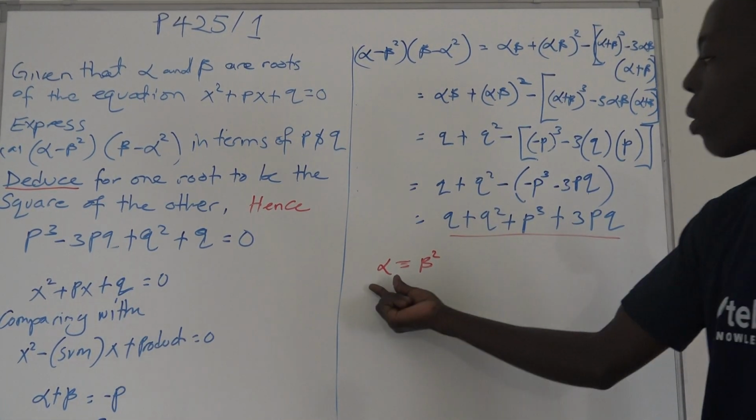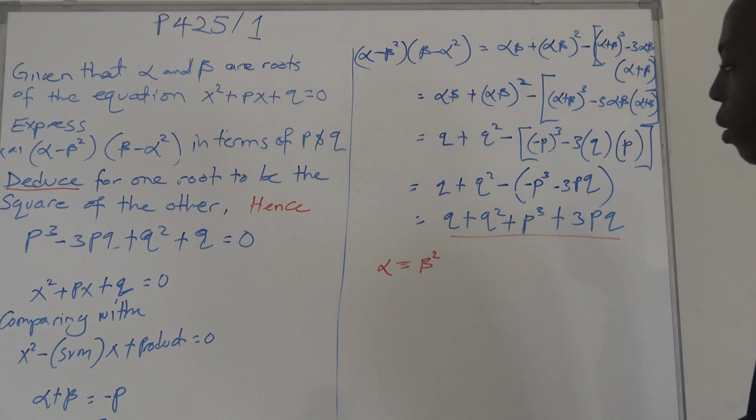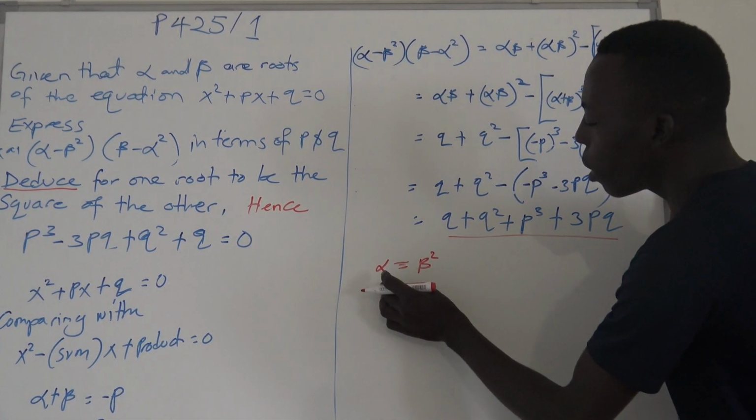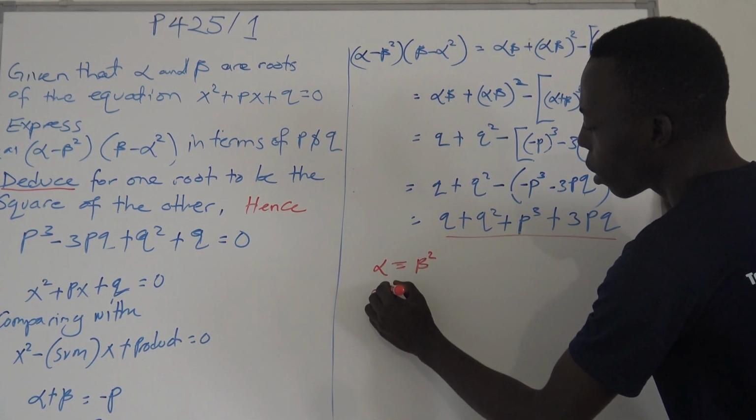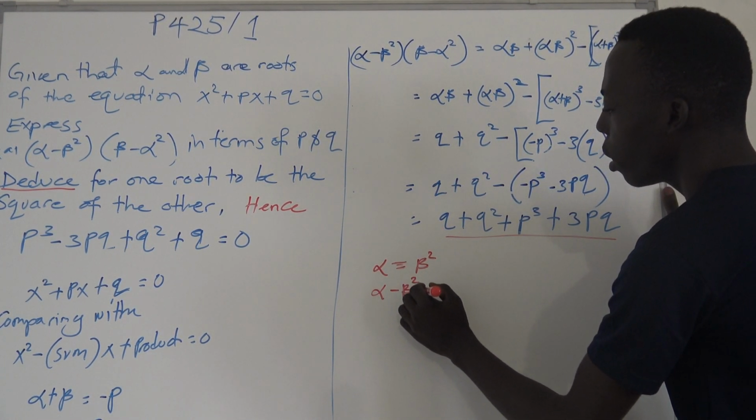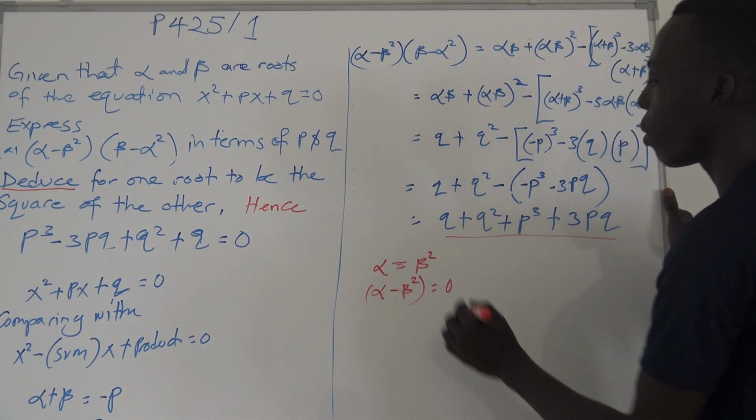So this one is a square of this. For that case, we bring this beta to the other side, so it becomes alpha minus beta squared, which will give us 0.